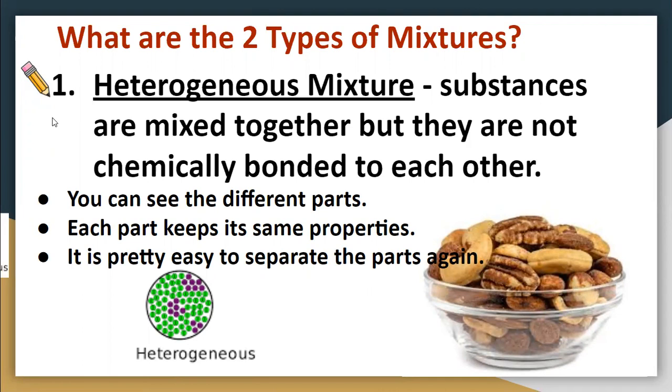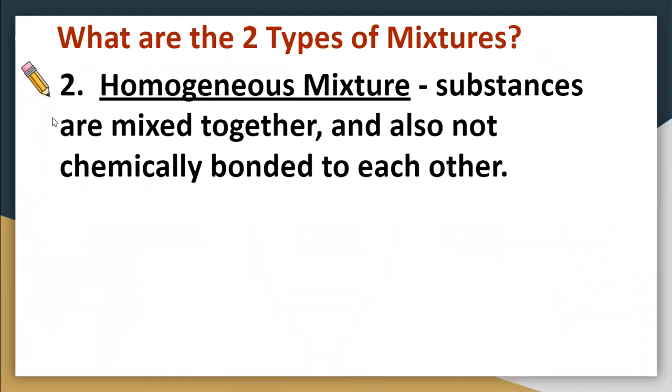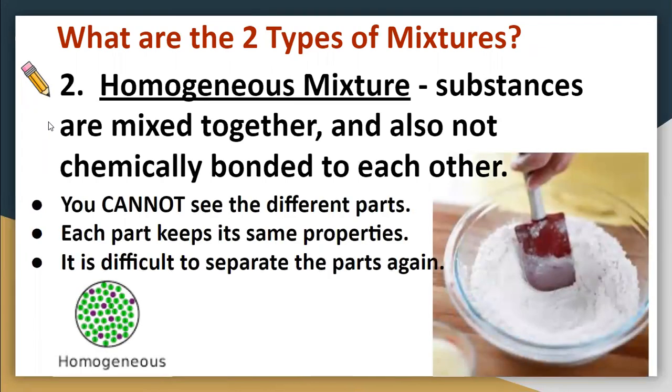That's a heterogeneous mixture. The second type of mixture is a homogeneous mixture. Substances are mixed together and also not chemically bonded to each other. However, you cannot see the different parts. Each part keeps its same properties, and it's difficult to separate the parts again.